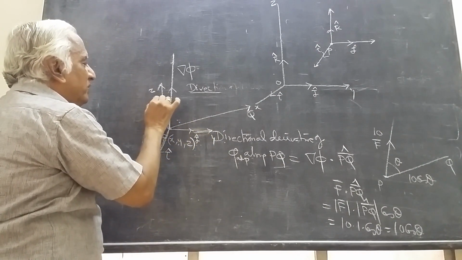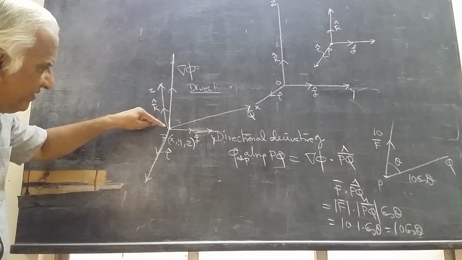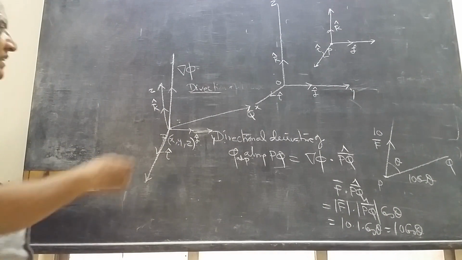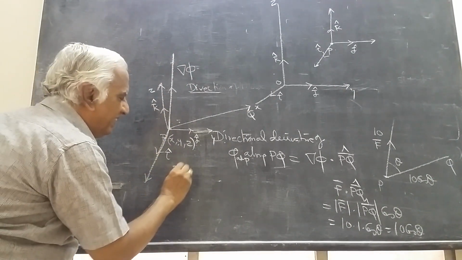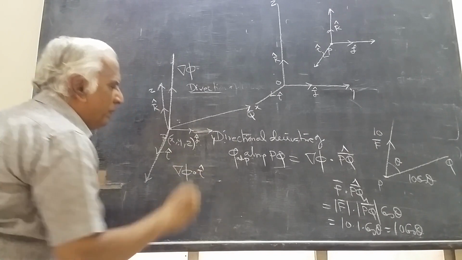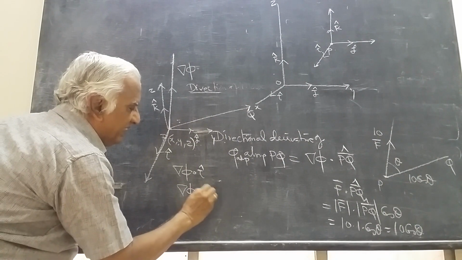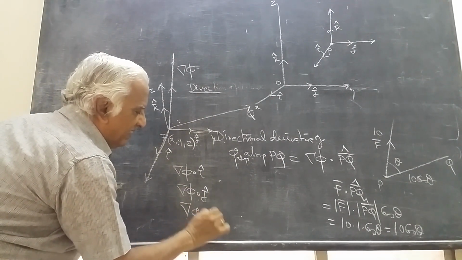Along z-axis, what is the unit vector? k. Now, what is the change of the function phi at the point P along x-axis? What is the unit vector along x-axis? i. Del phi dot i. Along y-axis, del phi dot j. Along z-axis, del phi dot k.